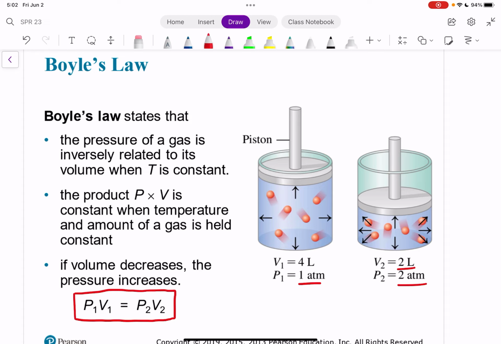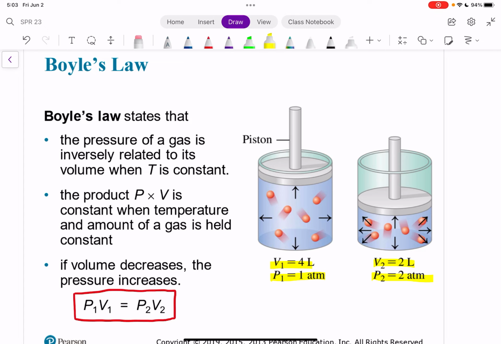We can express this concept using this mathematical equation, which is Boyle's law: P1V1 equals P2V2. P1 is the initial pressure, right? If we're looking at our piston example, our initial pressure is 1 atm and our initial volume, V1, is 4 liters. Our final pressure, P2, is 2 atm, and our final volume is 2 liters, when we move that piston down.